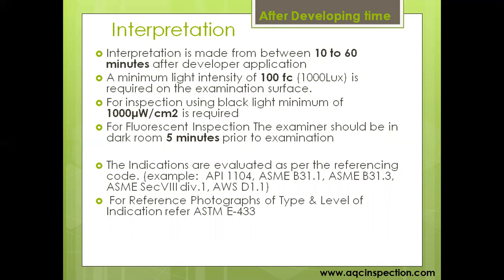For fluorescent inspection, a minimum black light intensity of 1000 microwatts per square centimeter is required. For fluorescent inspection, the examiner should be in a dark room 5 minutes prior to examination.